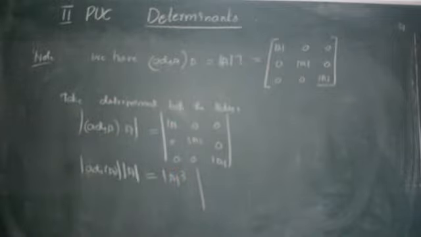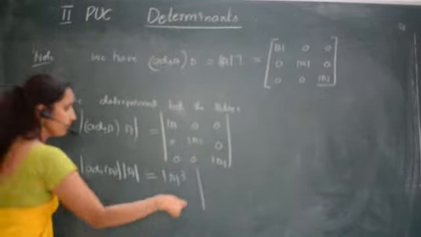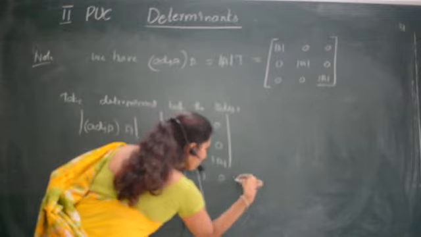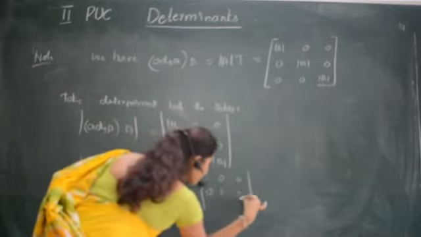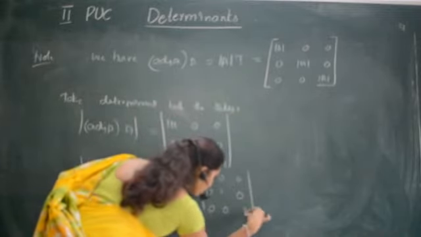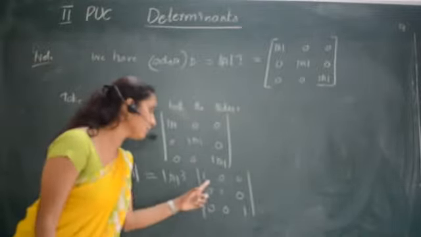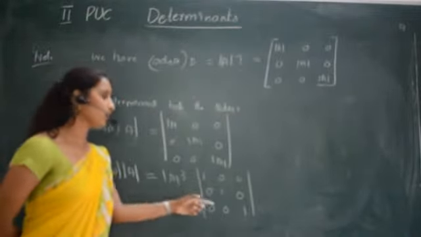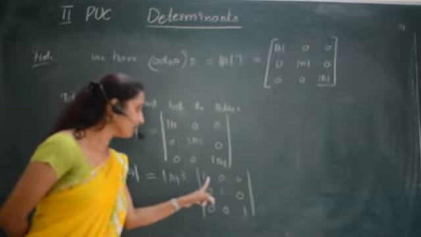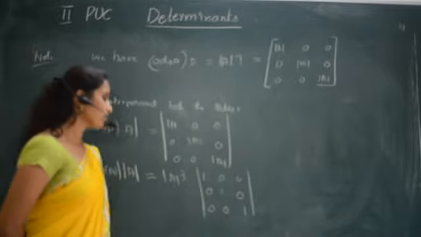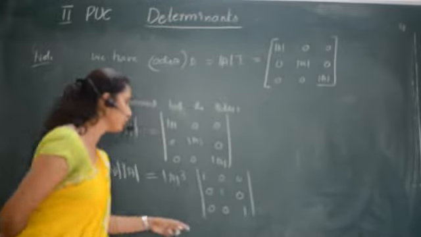If I take determinant of A out, the remaining will be 1 0 0, 0 1 0, 0 0 1. Now it is a determinant value. If I expand along R1, R2, R3 or any way, the determinant will be 1 into 1, so its value is 1.